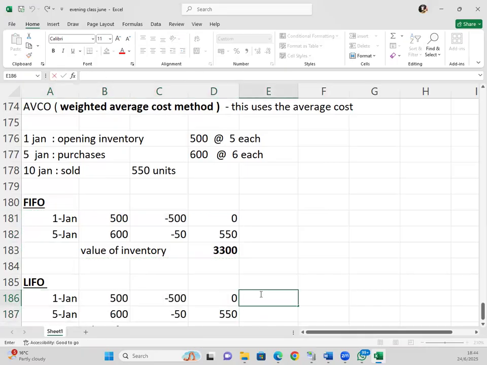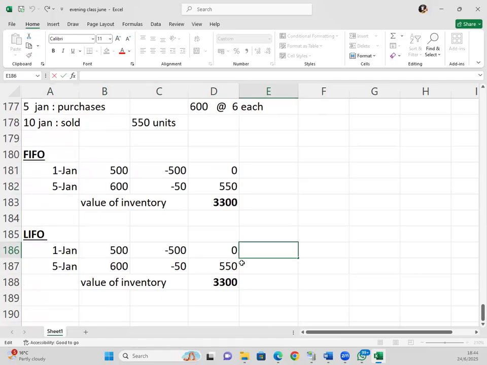If it is LIFO, we clear the batch which came in last first. So if it was LIFO, you'd say the 550 units, you take them from the batch that came in last. You have 600 units, so they're enough. So you first of all issue from the last batch. This would mean we are remaining with 50, and for the first batch, we still have 500 units.